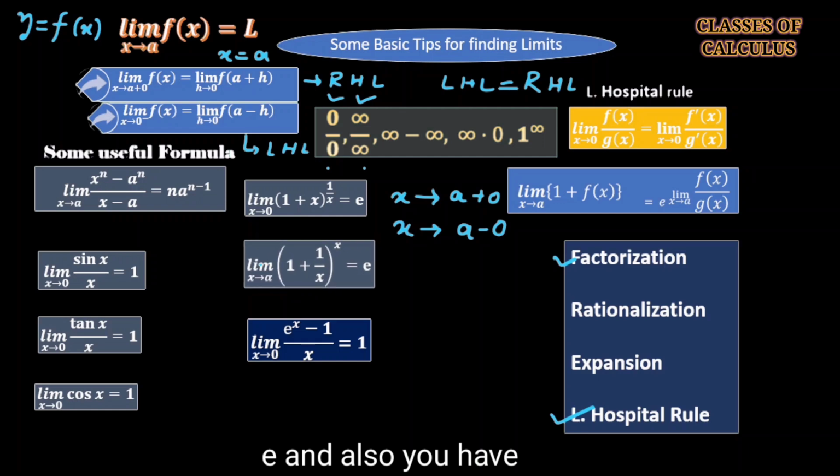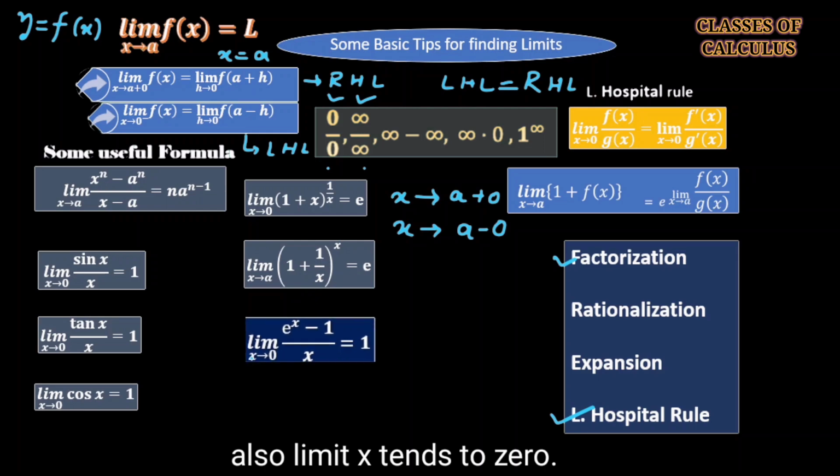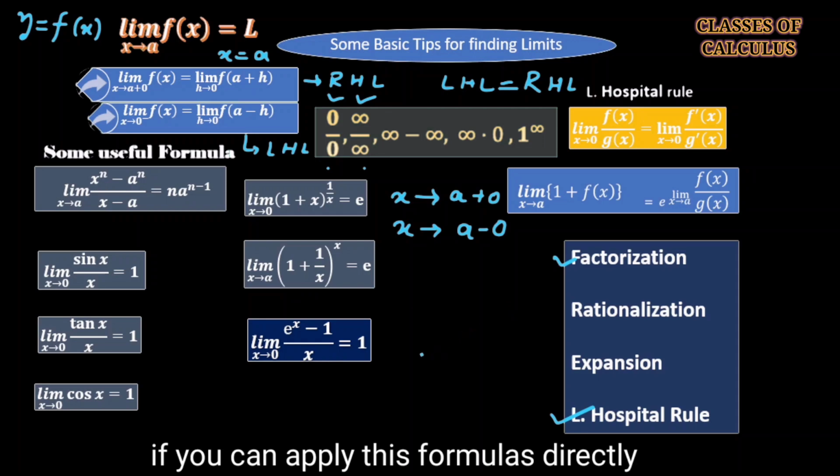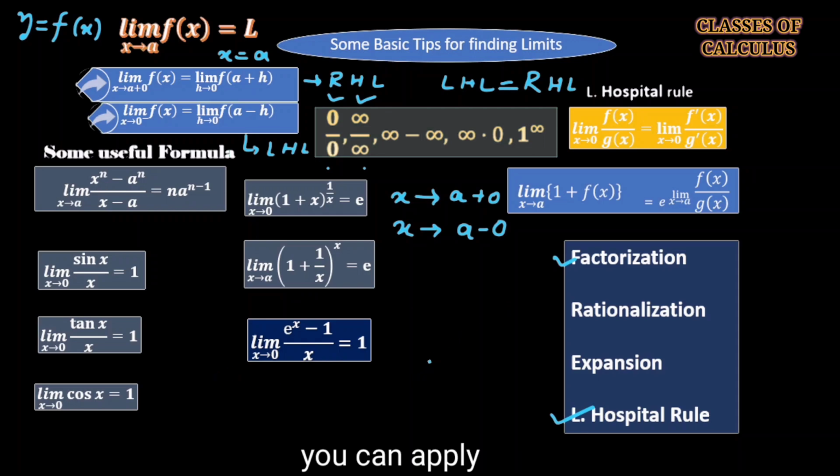Also limit x tends to infinity (1 plus 1 by x) to the power x equal to e, and also limit x tends to 0 (e to the power x minus 1) by x equal to 1. So if you can apply these formulas directly, you can apply them.